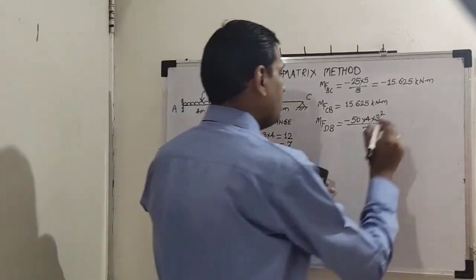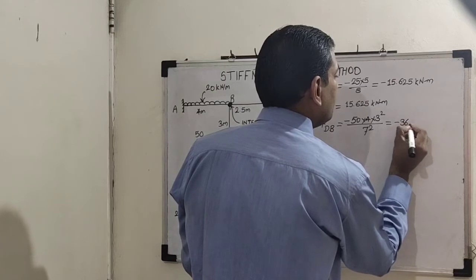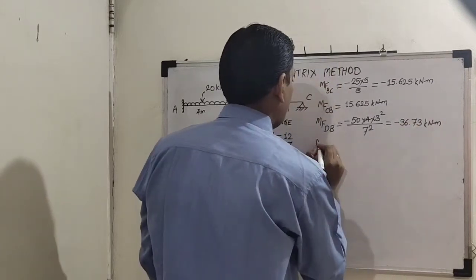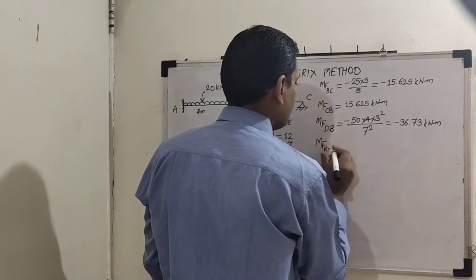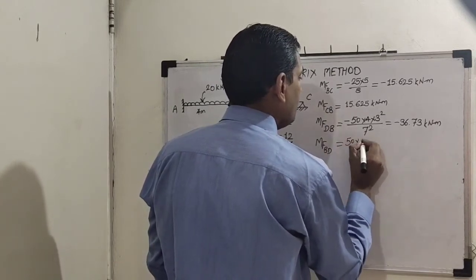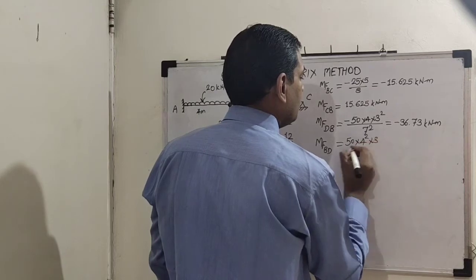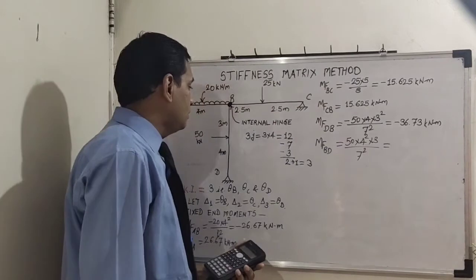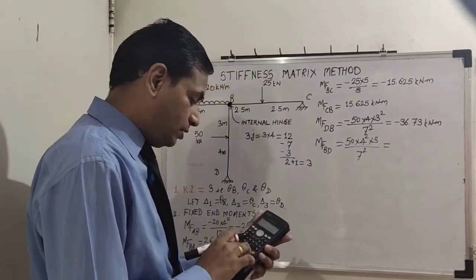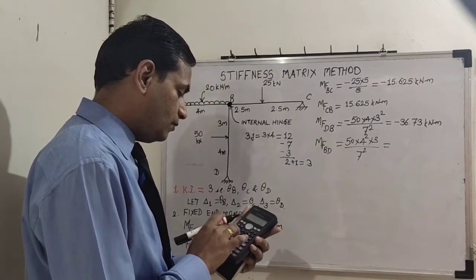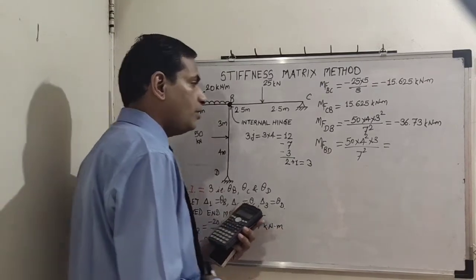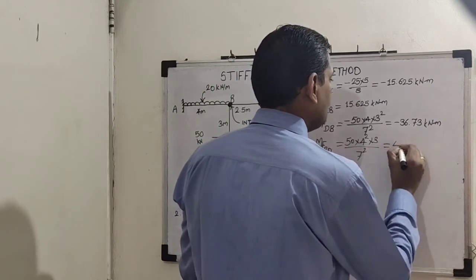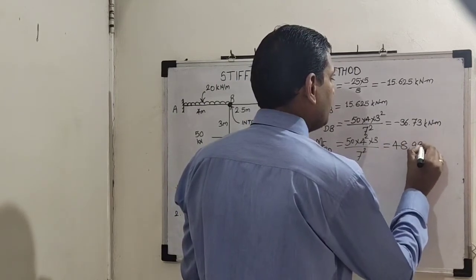So it is minus 36.73 kilonewton meter. And MFBD is plus WA square B by L square. So it is 50 into 16 into 3 upon 49. So it is 48.98 kilonewton meter.